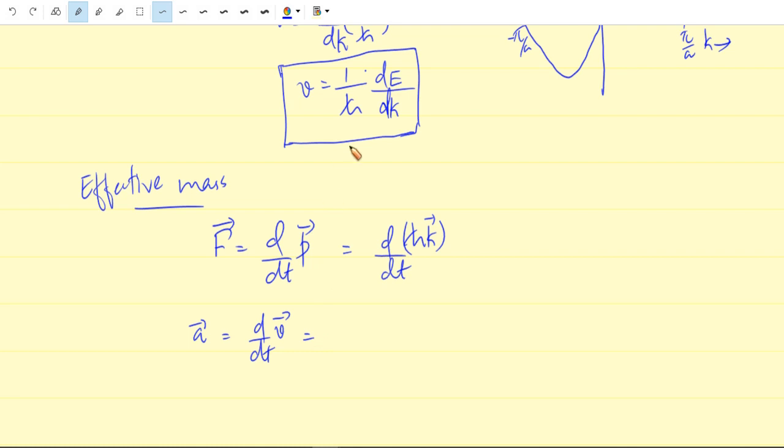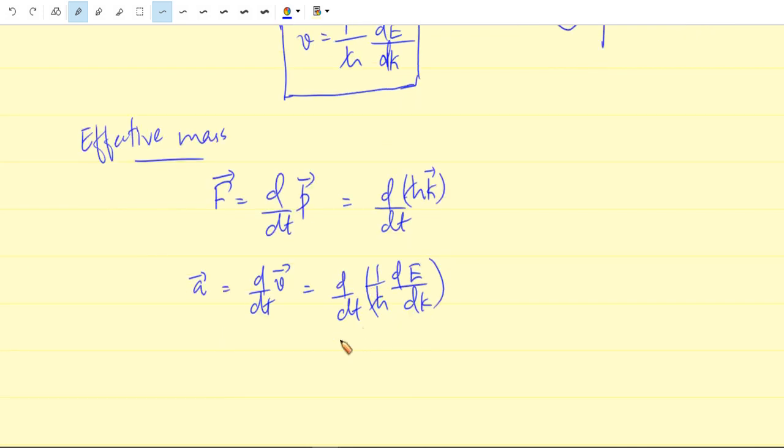From the above equation, we can substitute the expression for velocity: d by dt of v is equal to 1 by h cross dE divided by dk, the rate of change of energy with respect to the wave vector. We can write this as 1 by h cross d square E by dk square into dk by dt.